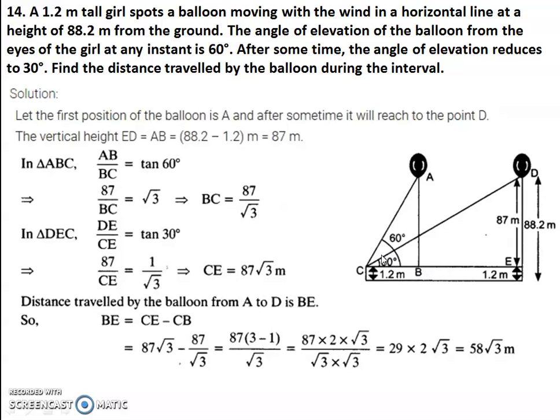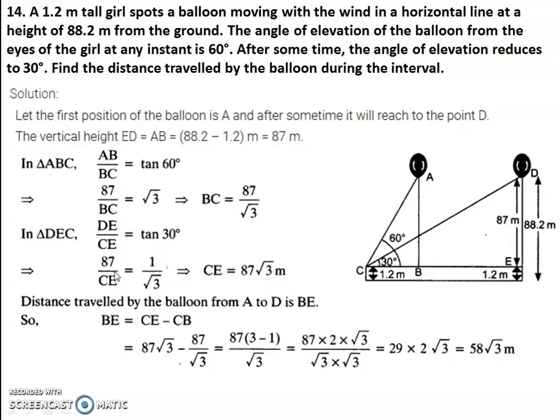Next triangle that we are considering is triangle DEF. The angle taken here is 30 degree. Again we are considering tan 30 degree. Here tan 30 degree is DE by EC. Tan 30 degree is 1 by root 3.